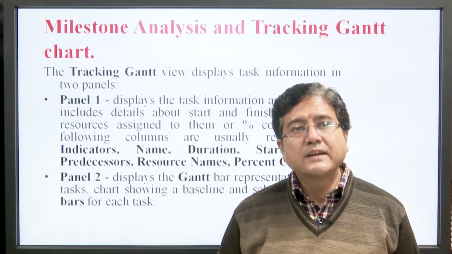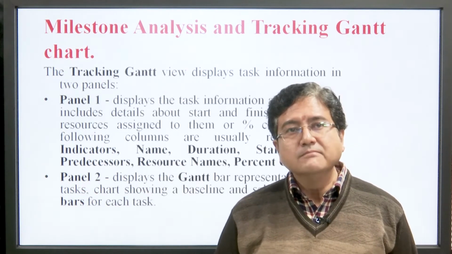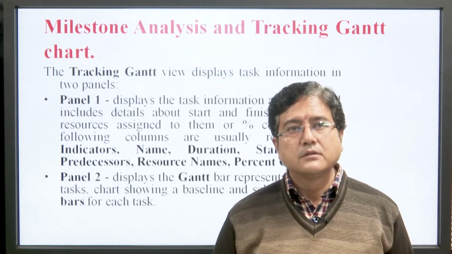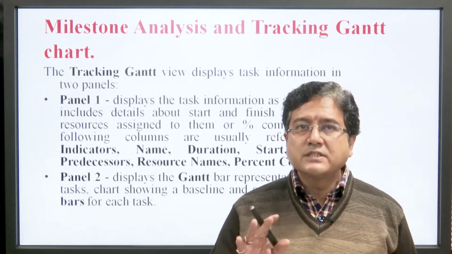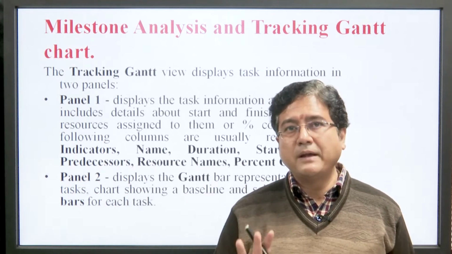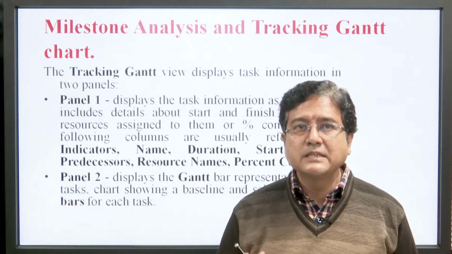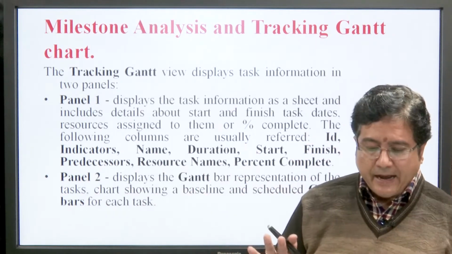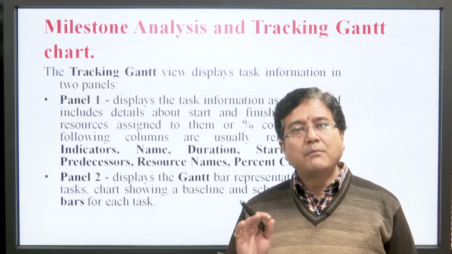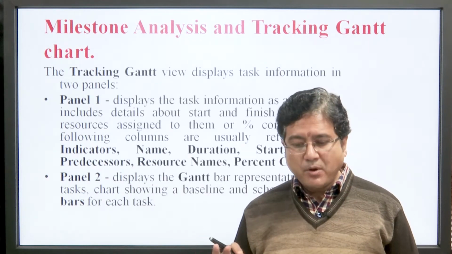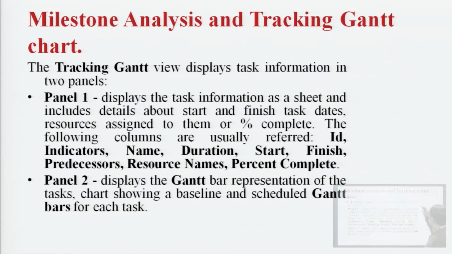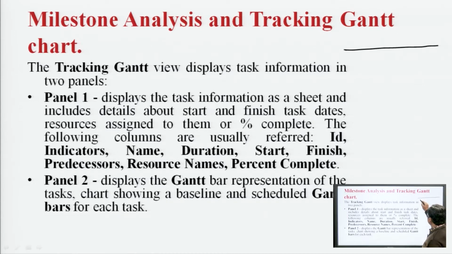So, now we talk about tracking the Gantt chart. How do we track? First, the tracking Gantt chart view displays task information in two panels. The first panel displays the task information on a sheet and includes details about the starting and finishing dates.